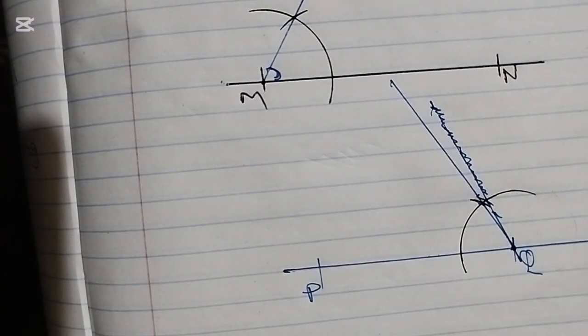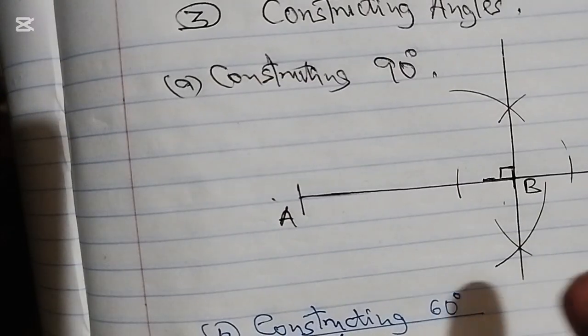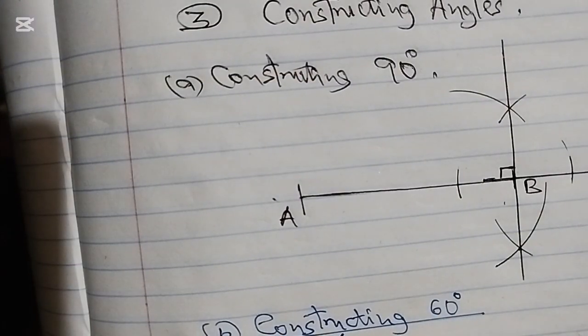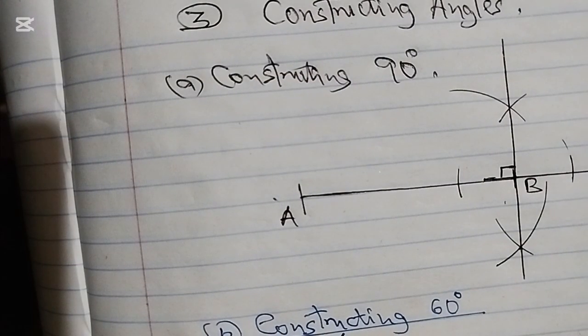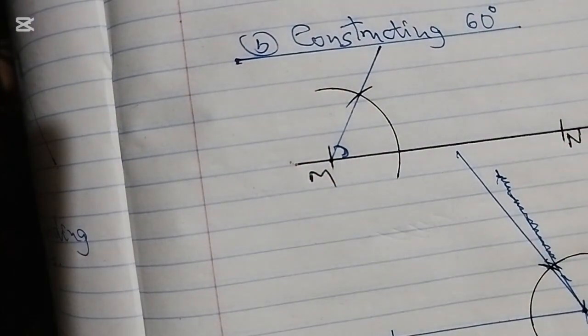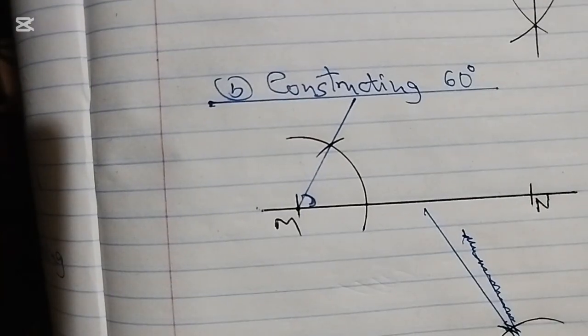Now because you've constructed 90 degrees at the initial point here, when you are told to construct 45 degrees, you only construct 90 degrees, then bisect that 90 degrees to get 45 degrees. Similarly, when you have 60 degrees constructed here and you are told to construct 30 degrees, you bisect the 60 degrees to get 30.